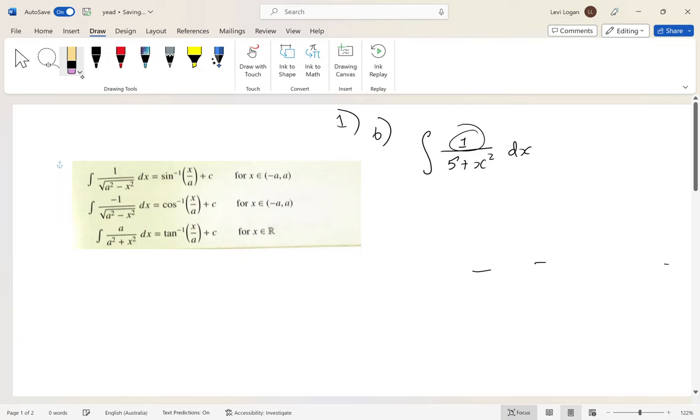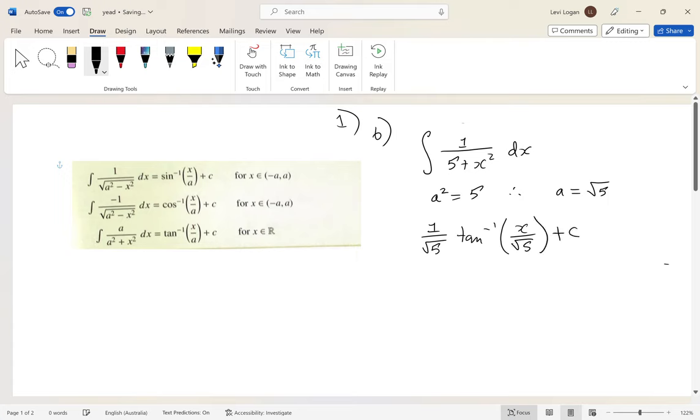Solving this integral, we have to take a look at what our a is. Our a squared value is 5, therefore a is going to be root 5. Since it takes this form, we go 1 over a, which is root 5, tan inverse of x over a, which is root 5, plus c.